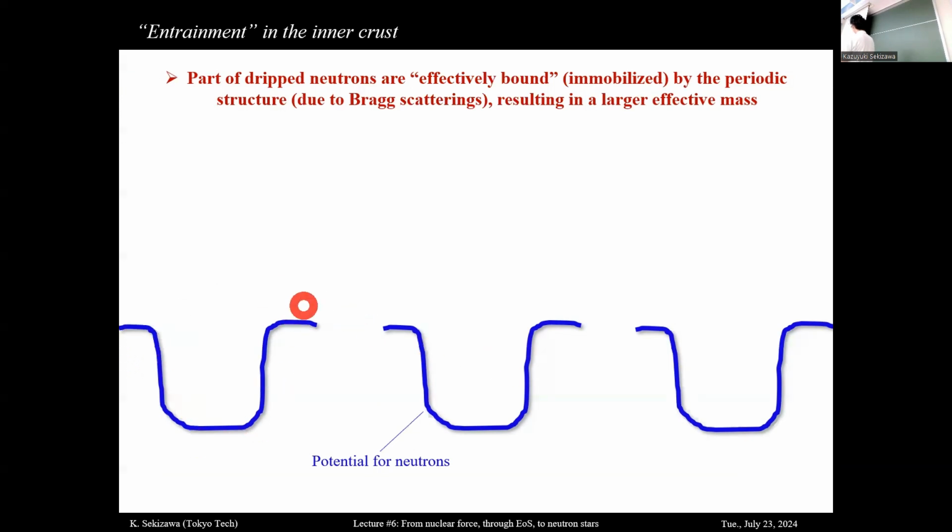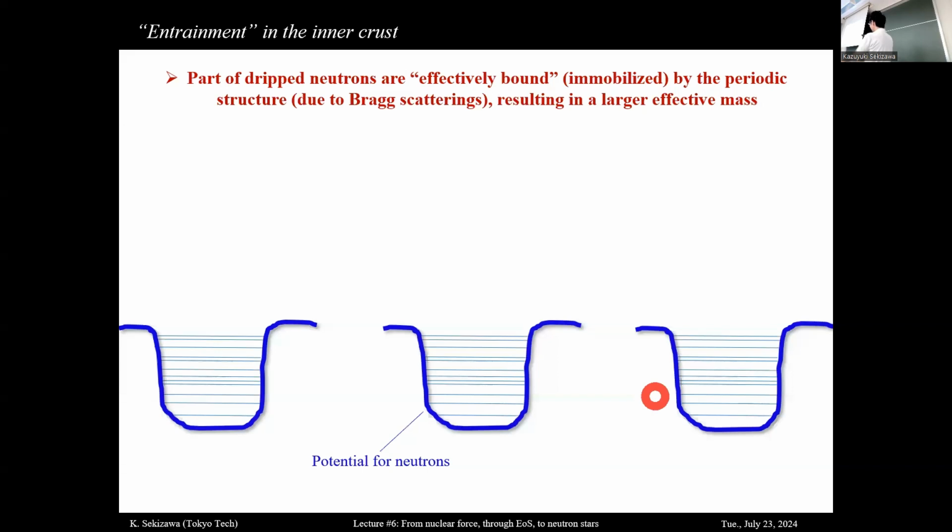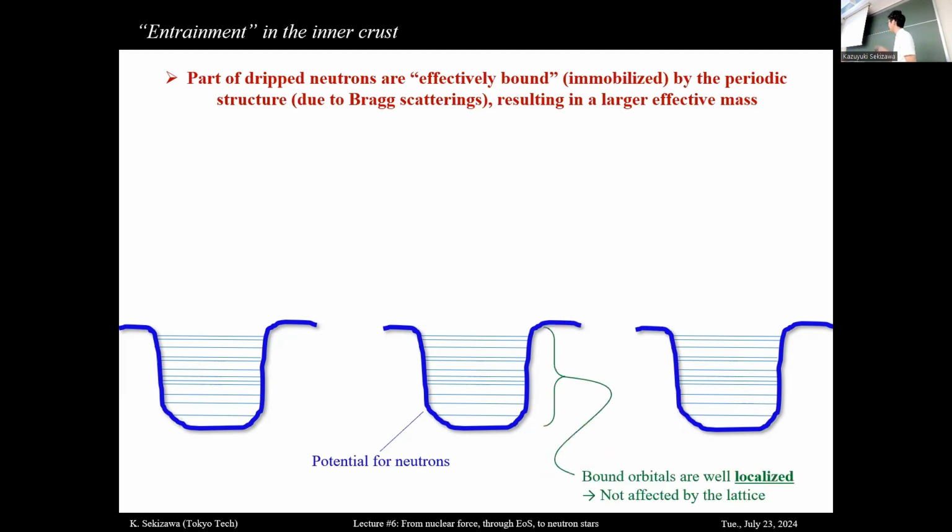Here I draw these blue lines to express the mean field potential for neutrons. Okay. Because of the proton-neutron cluster, we have this kind of mean field potential. And inside this potential, we have discrete energy levels. And those are bound states of neutrons. So those bound neutrons are localized around the cluster. So the wave function is localized.